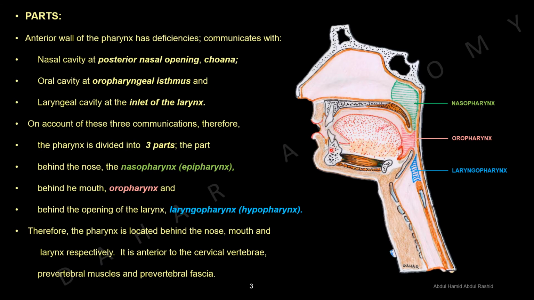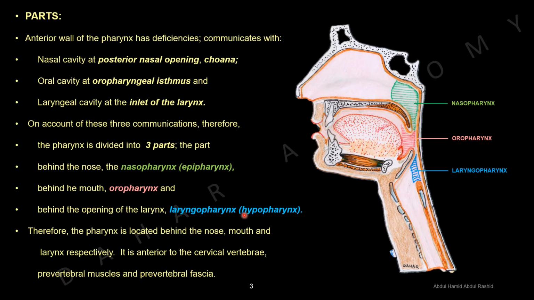On account of these three communications, the pharynx is divided into three parts. The part behind the nose is called the nasopharynx. The part behind the oral cavity is called the oropharynx. And the part behind the opening of the larynx is called the laryngopharynx. The nasopharynx is the highest one, also called the epipharynx.